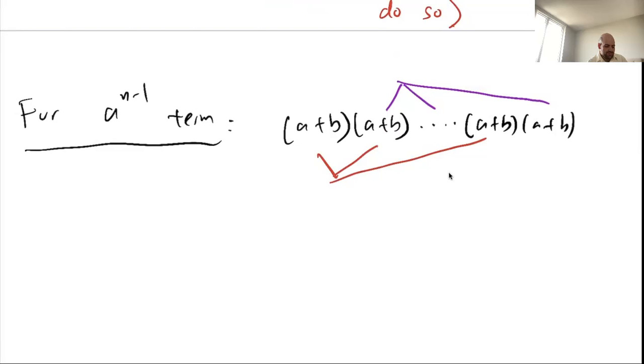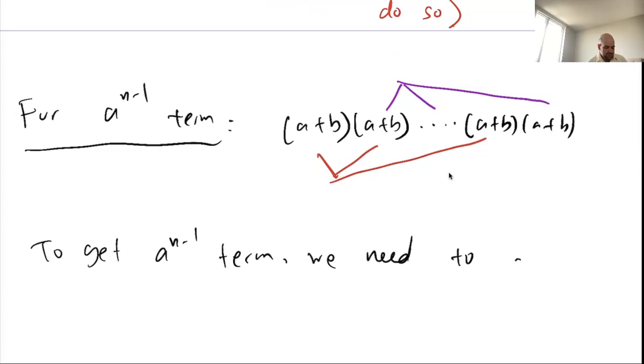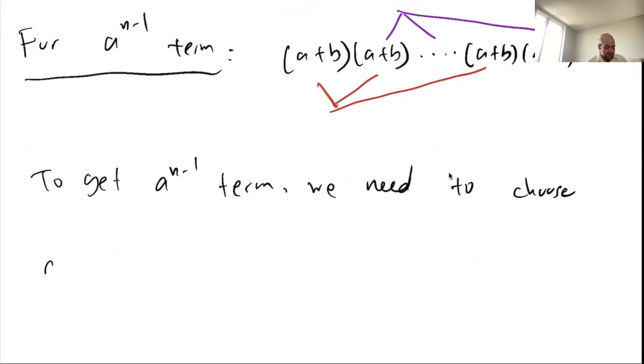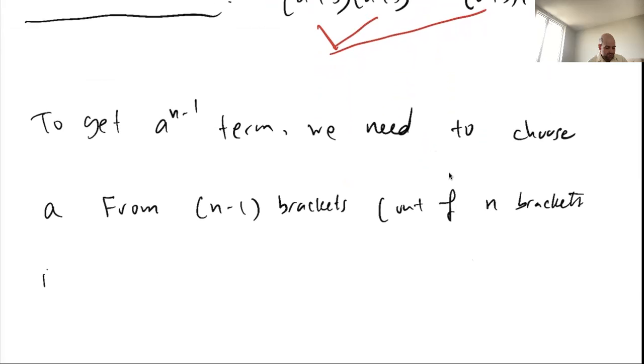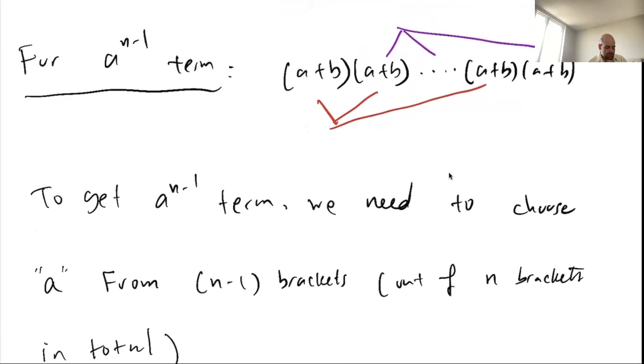So to get the a to power n minus 1 term, we need to choose a from n minus 1 brackets out of n brackets in total.